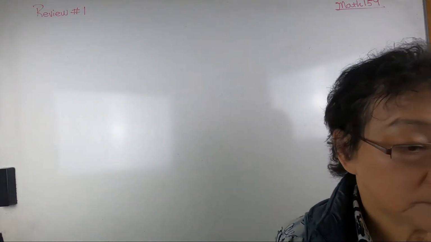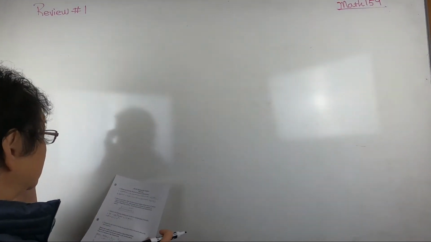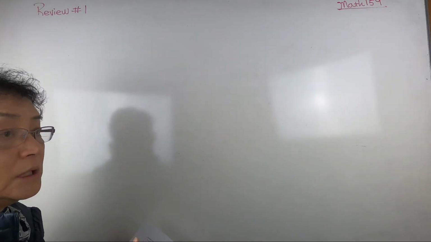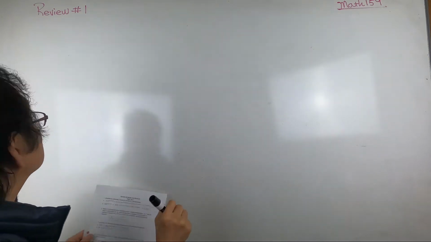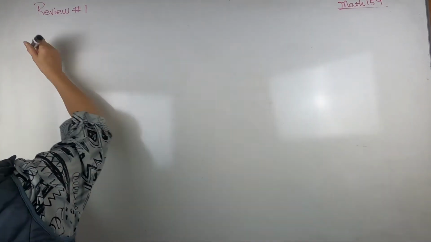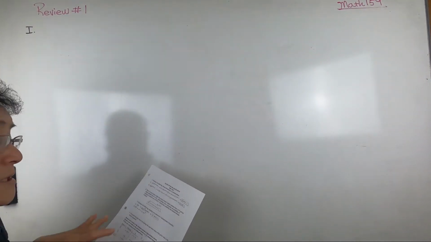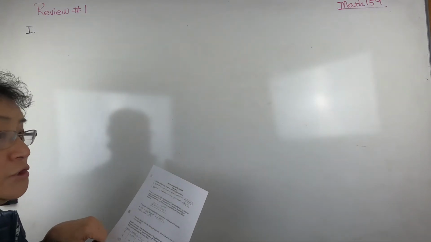So look at your exam 1 review paper. You should print it out. It's better to print it out and follow the class with it, so you have hands-on practice. That's better than just listening, right? The answer keys are in your package.